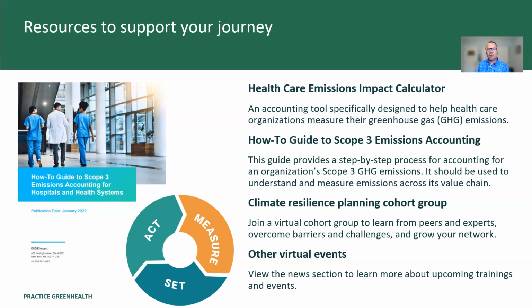This how-to guide really breaks down how to calculate each category of Scope 3. The Climate Resilience Planning Cohort Group is a great example of where you can get together and learn from your peers and work together collectively to increase community and healthcare resilience. And there are many other virtual events and resources that can support Practice Green Health partners.